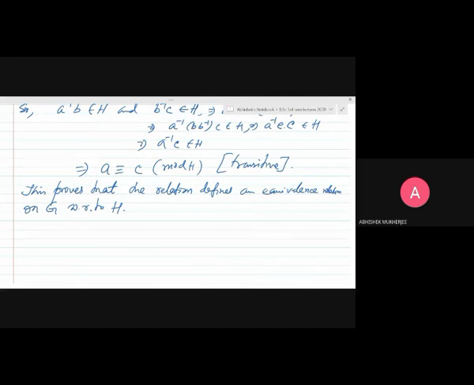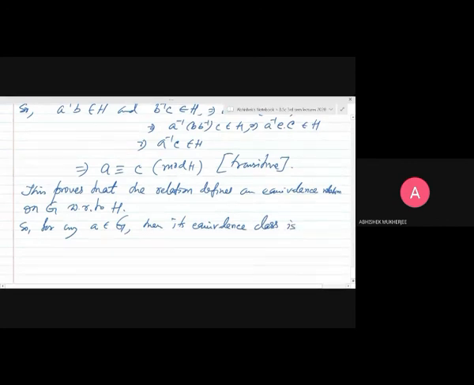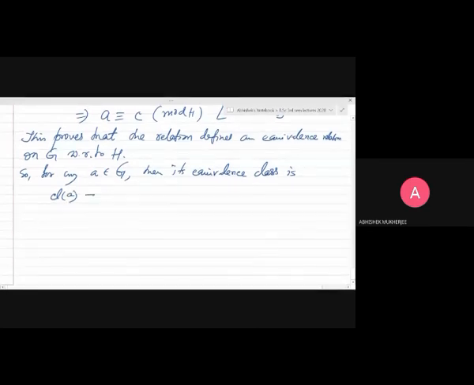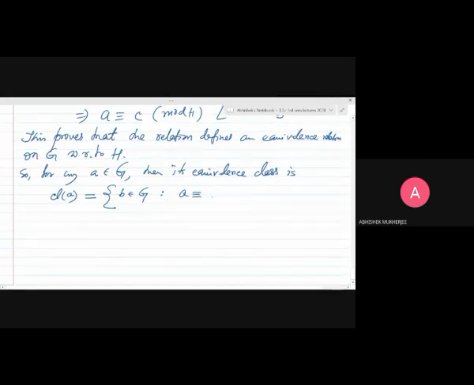describes. Okay, so suppose you take any a, then its equivalence class, the class of a, contains all those b belonging to G which are congruent to a mod H, right?